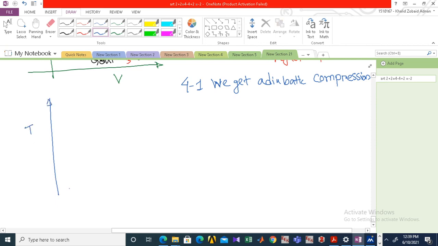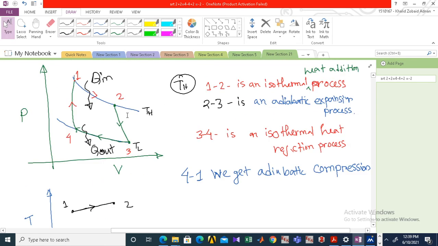So if you want to draw the process on the TS diagram, T and S. Okay, so from 1 to 2, the temperature will remain the same, but the entropy will rise. Okay, so that's it. From 2 to 3, there is the adiabatic expansion, and the entropy will remain the same. The temperature will drop to TL at 3.